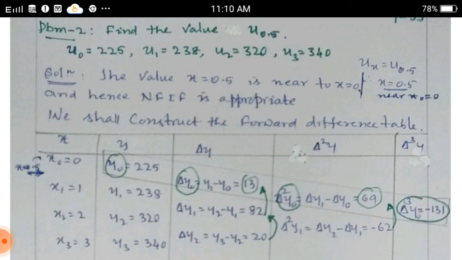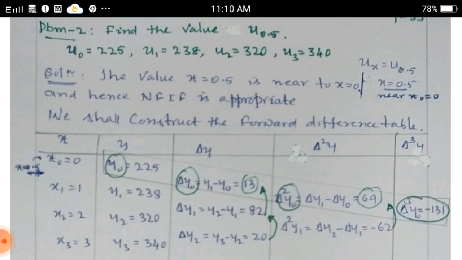Again, third order forward differences are given by differences of second forward differences. Delta square y1 minus delta square y0 is equal to minus 62 minus 69, which is equal to minus 131. So I have marked that y0.